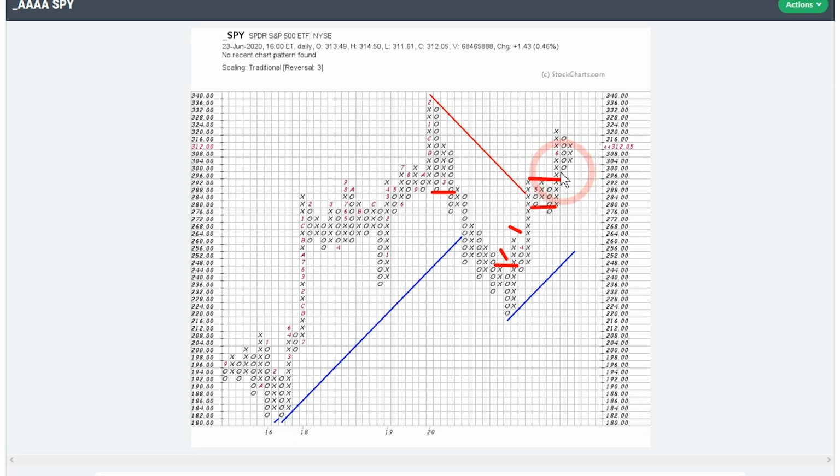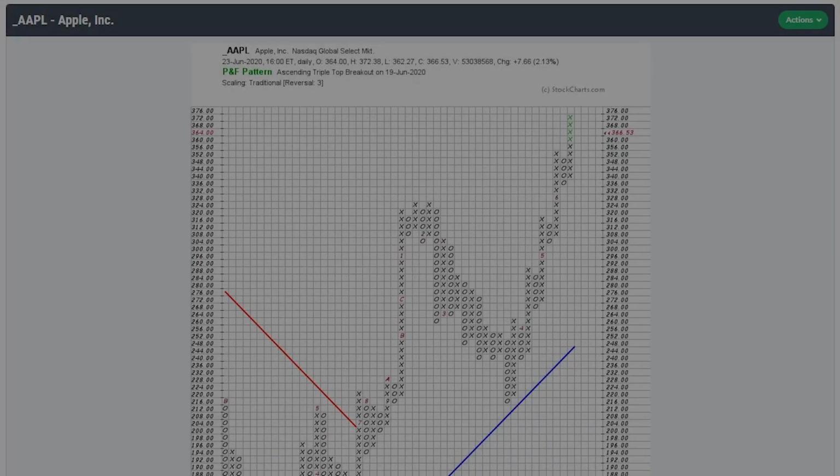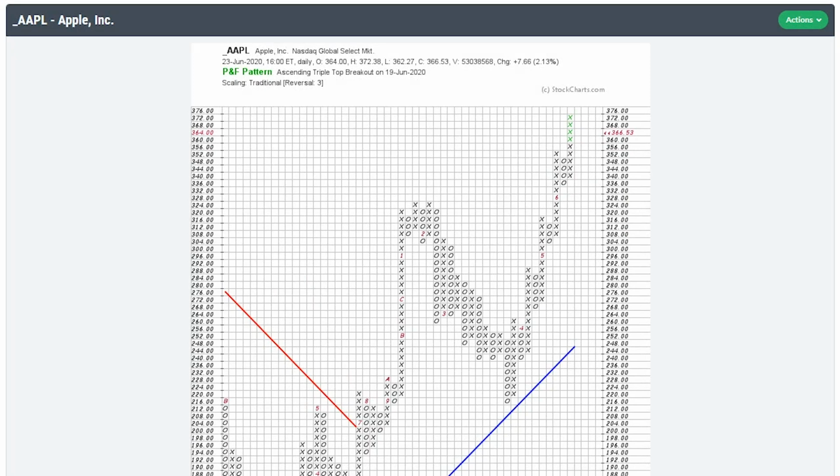And this low here, 300, nice round number there, becomes a support level of sorts. And if you get an O column that breaks that prior low of the O column, that's a double bottom breakdown. So StockCharts calculates and publishes the bullish percent indexes for the S&P 500, some other indexes, and the sector SPDRs.